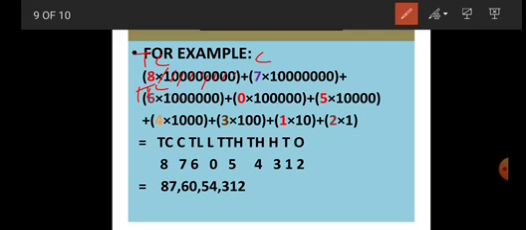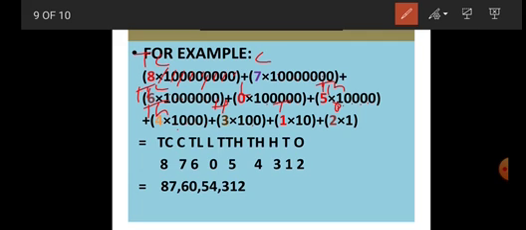Ones, tens, 100, 1000, 10,000, lakh. 0 is in lakh place. Ones, tens, 100, 1000, 10,000. 5 is in 10,000 place. Ones, tens, 100, 1000. 4 is in 1000 place. Ones, tens, 100. 3 is in 100 place. Ones, tens. 1 is in tens place. Ones, 2 is in ones place.